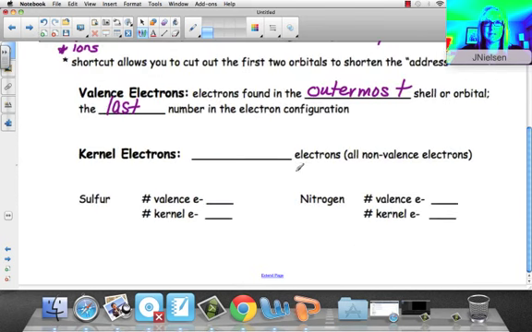Kernel electrons are the inner electrons, the non-valence electrons. So if we look at sulfur, sulfur has 6 valence electrons and 10 kernel, for a total of 16.